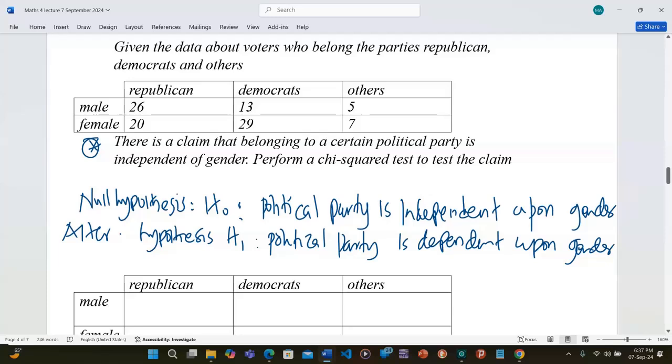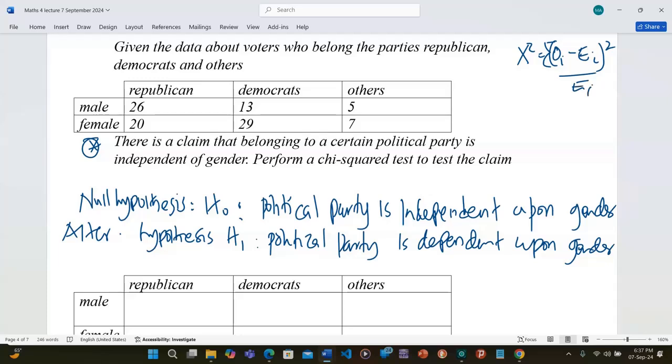If we are to use the chi-square, we know that the chi-square value, x squared, is the sum of observed values minus expected values, squared, divided by expected values.